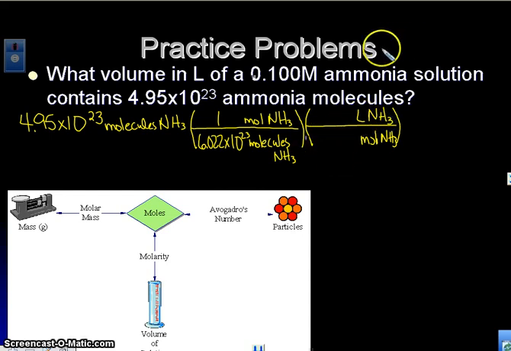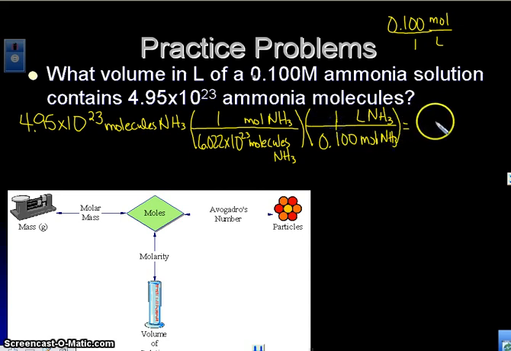So if you look at your molarity, remember that that's 0.100 moles per liter, or the number of moles in 1 liter. So 0.100 moles in 1 liter of ammonia. Go ahead and pause and put this in your calculator. You should end up with 8.22 liters of ammonia.